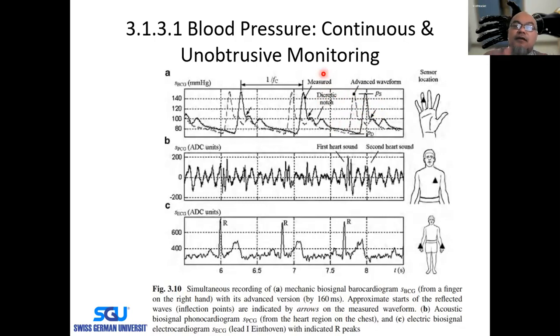The one measured at the finger is already delayed blood pressure, because the blood pulse travels from the aorta into the finger. So this is measured using barocardiogram.